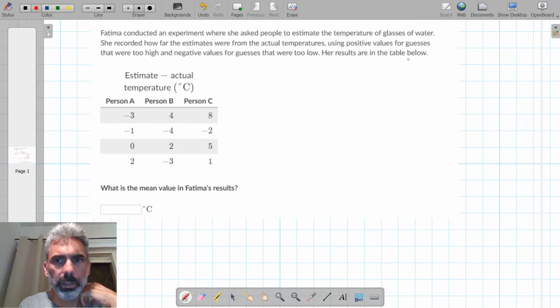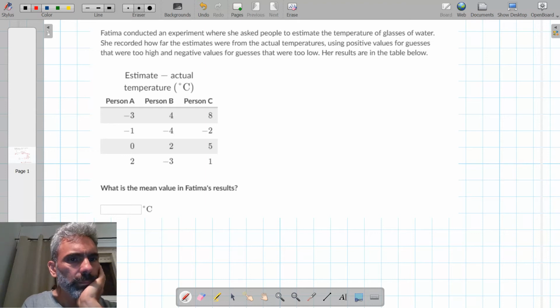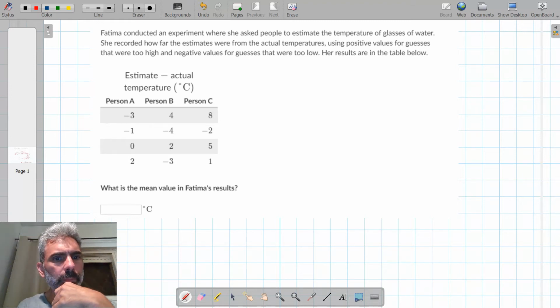Her results are in the table below. What is the mean value in Fatima's results?